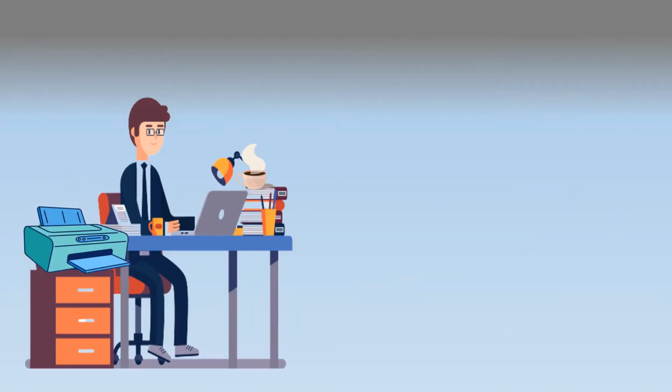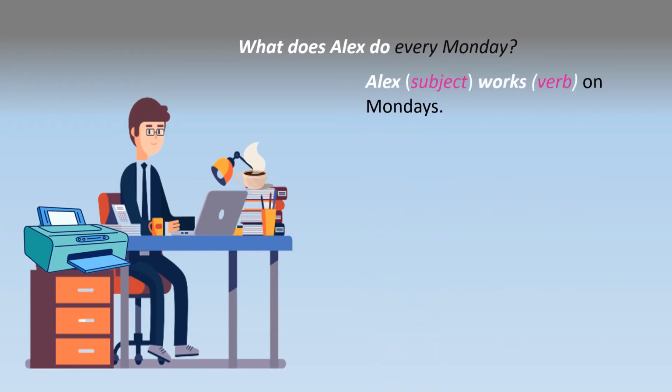And I want you to look at Alex. So as you can see, Alex is at work, and we are going to ask a question and answer it using that present simple tense. What does Alex do every Monday? Alex, the subject, because Alex is the person we are talking about, works, the verb, on Mondays.